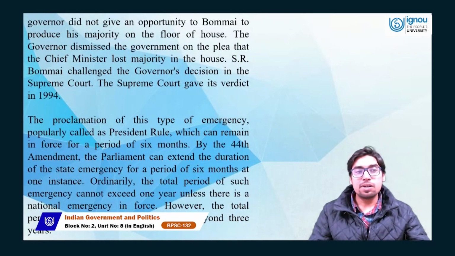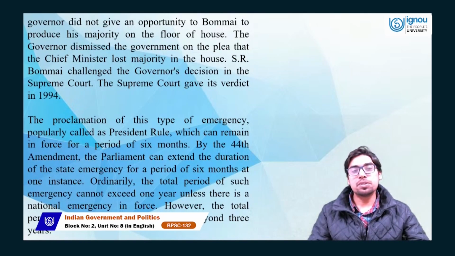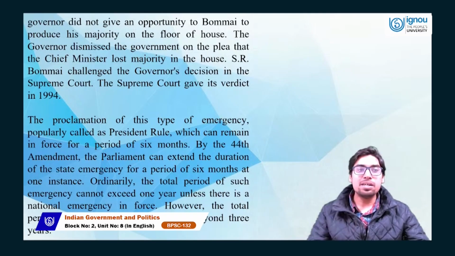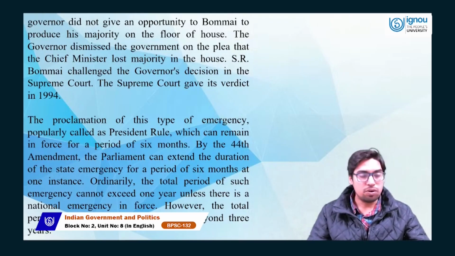But the Governor did not give Bommai an opportunity to prove his majority on the floor of the house. The Governor dismissed the government on the plea that the Chief Minister had lost majority in the house. Bommai challenged the Governor's decision in the Supreme Court. The Supreme Court gave its verdict in 1994.